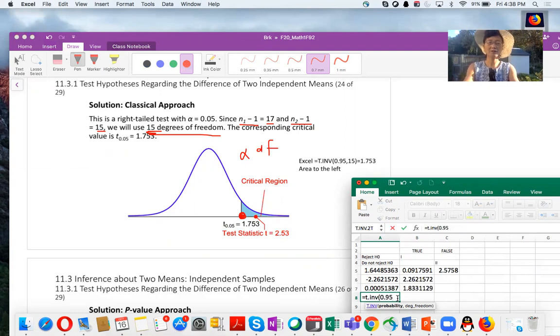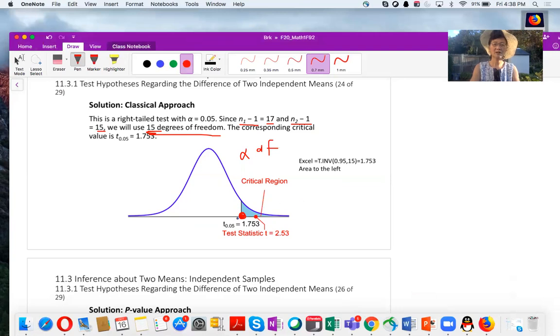Why? Because it is based on area to the left. Degrees of freedom is 15, and you get critical value 1.753. This is the formula I entered.